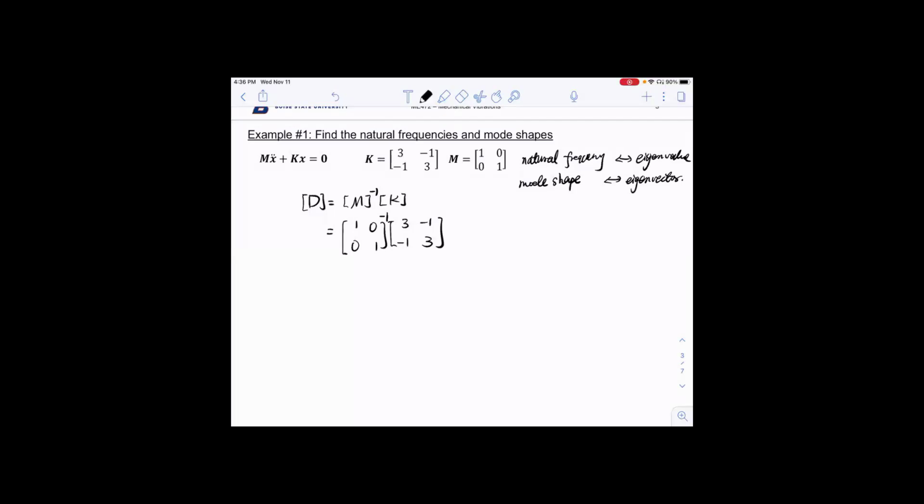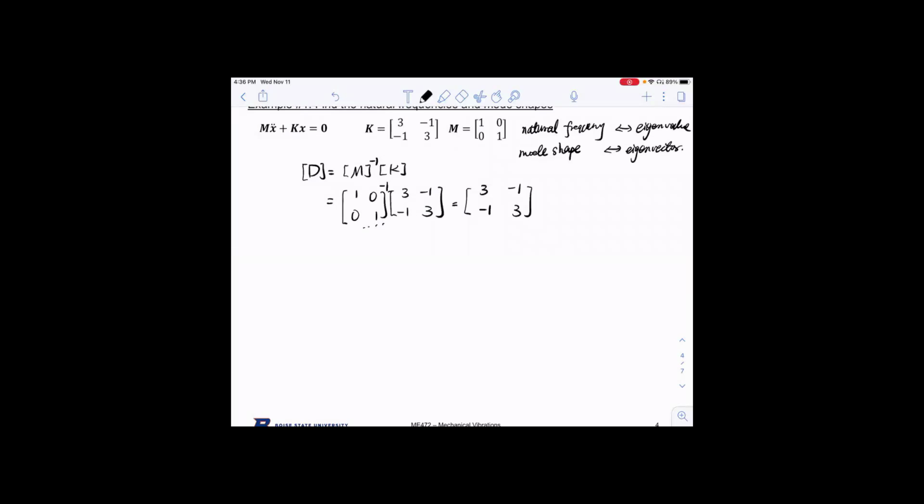Luckily, in this case, your M matrix is just the identity matrix, and the inverse of identity is identity again. So eventually you have 3, -1, -1, 3. You can also do this in MATLAB. And after that, you have your D.